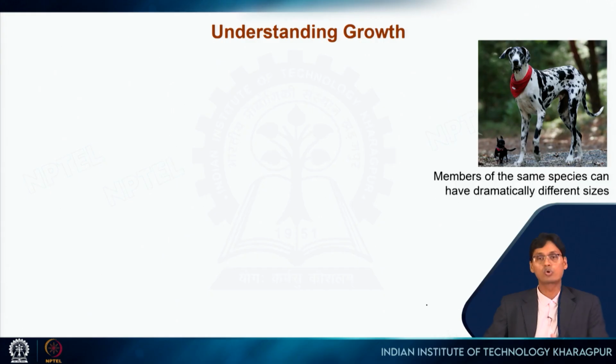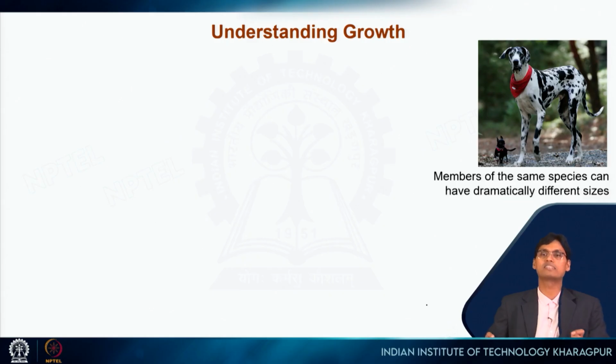So, how is growth controlled? This is very interesting. As you can see, if I compare human with elephant, obviously elephant is huge compared to human beings. So elephant might have many more cells also, but sometimes we see drastic differences even in the same species.